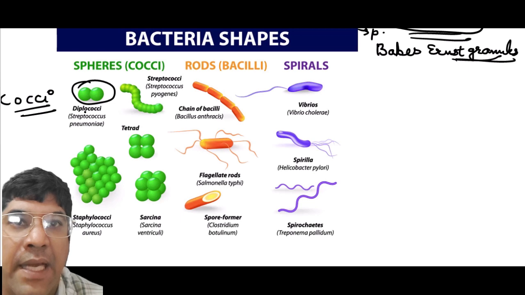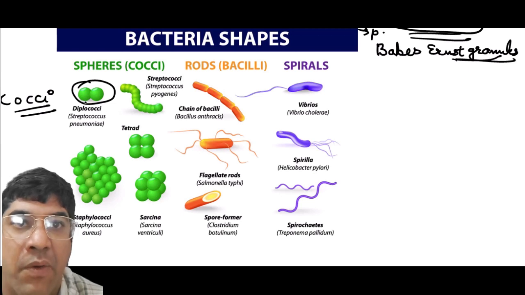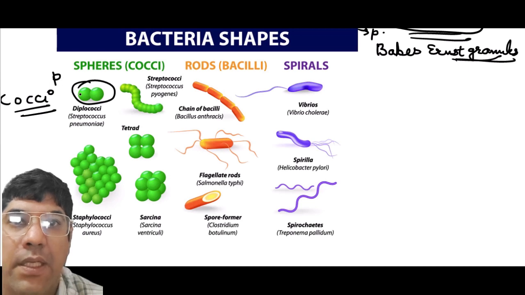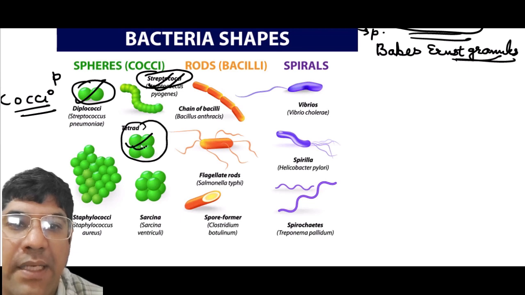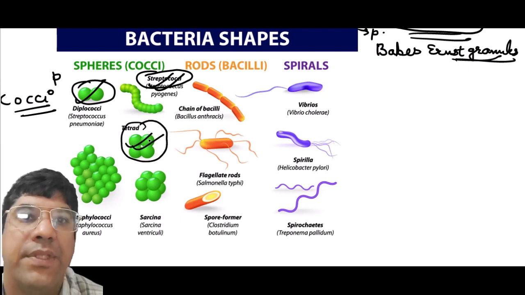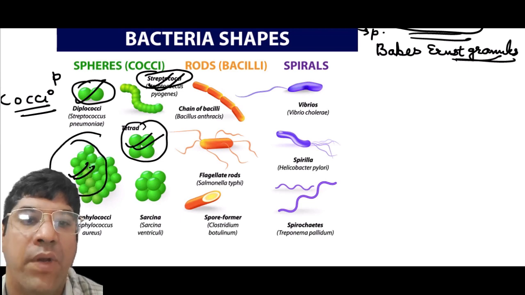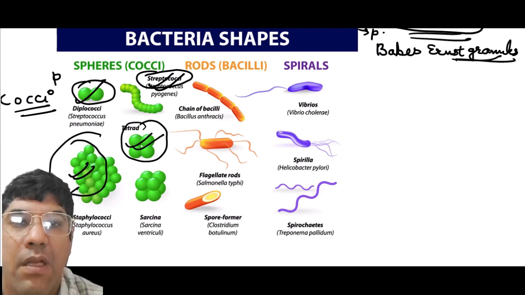They can occur in pairs, where they are known as diplococci, in chains, then they are known as streptococci, in groups of four, like tetrads, or clusters resembling grapes, like in the case of Staphylococcus aureus.